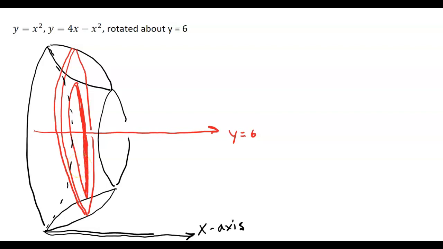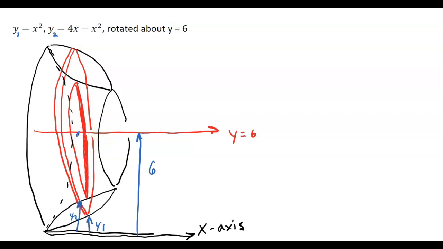Now, the key is to measure everything from the x-axis. This distance is up to the x squared, so I'm going to make that y1. This distance is y2. And this distance is 6. Here's our outside radius.